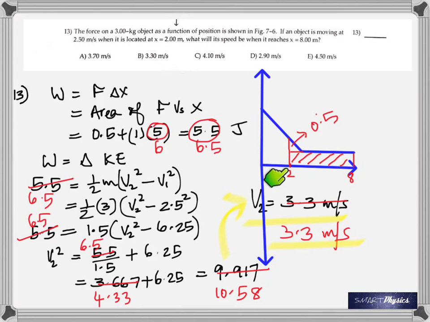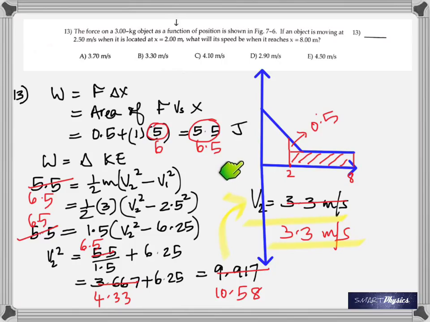And then plus this is 6. I don't know why I put it as 5 in the beginning. So it's 6 times 1 instead of 5 times 1. So you get 6.5.